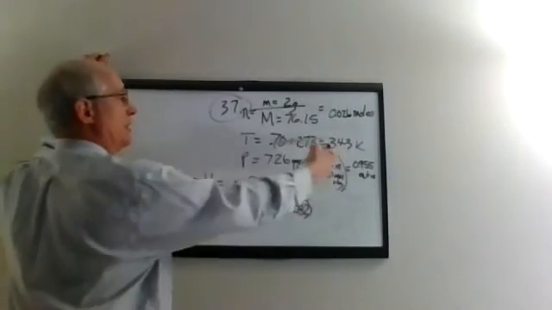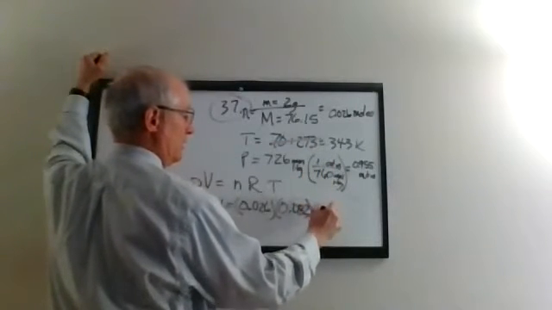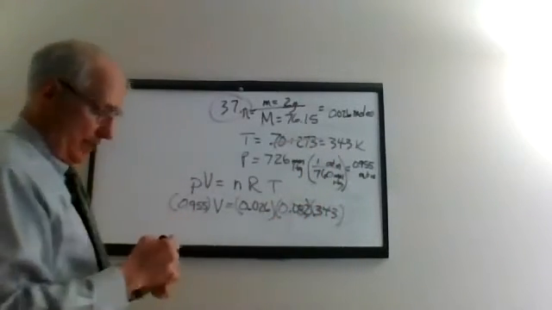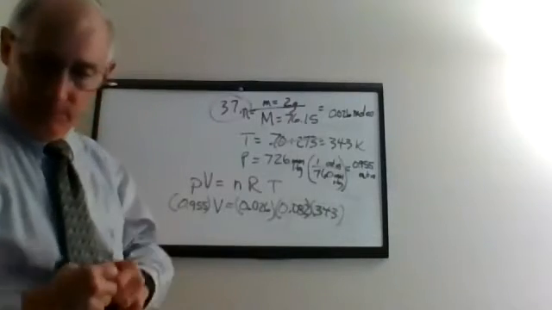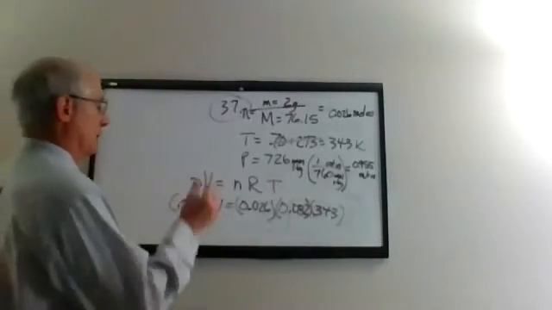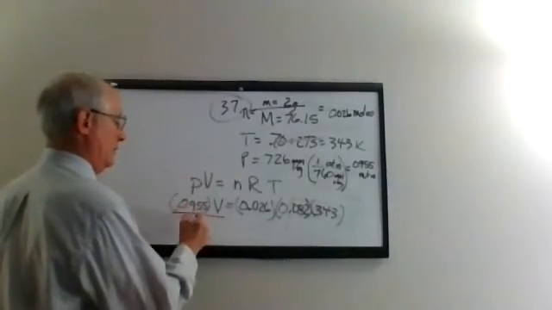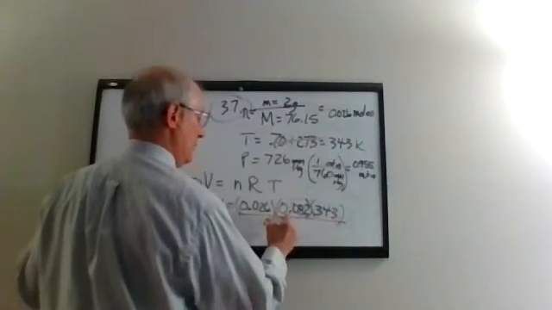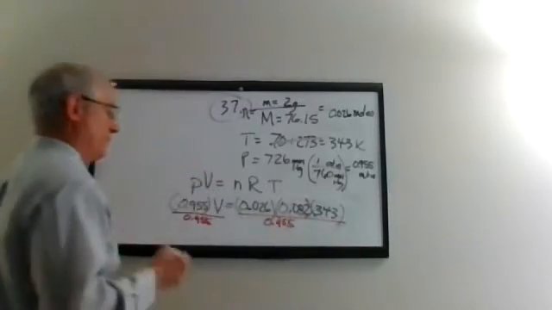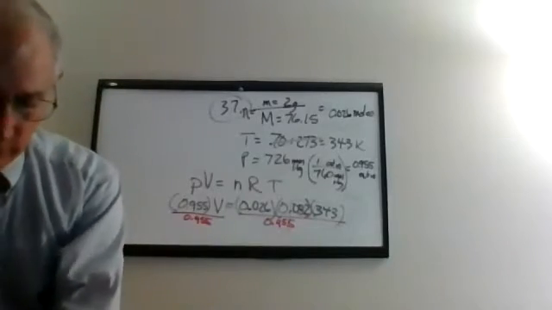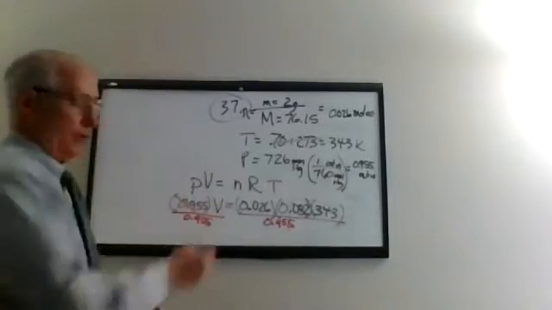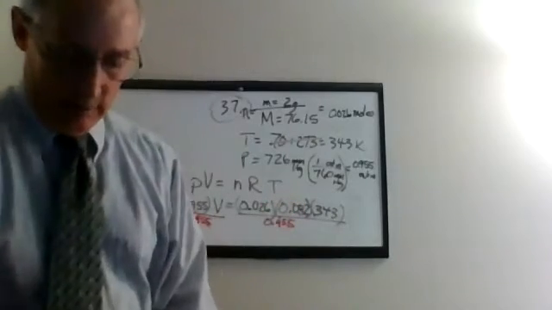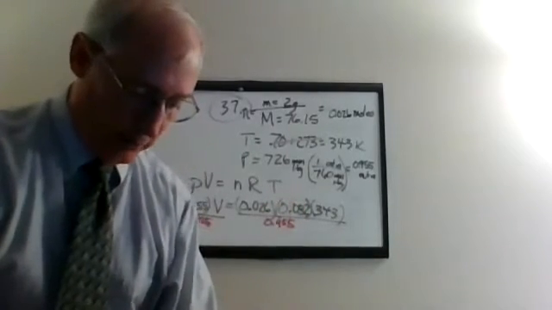And the temperature is 343. We'll divide both sides by 0.955. You're going to get volume in liters because of that ideal gas constant that I use, 0.082.